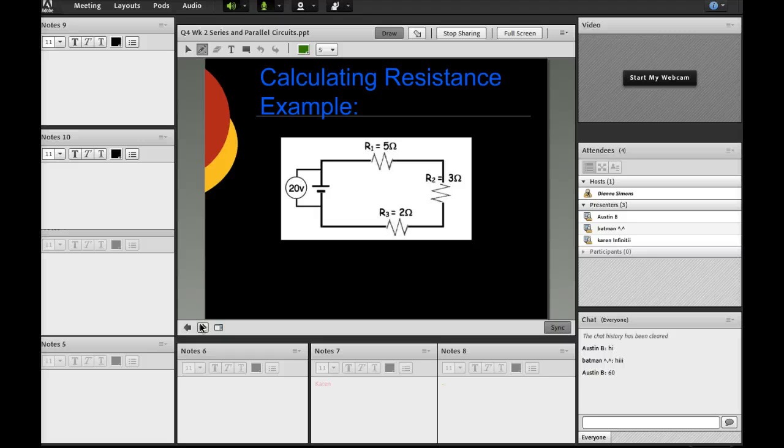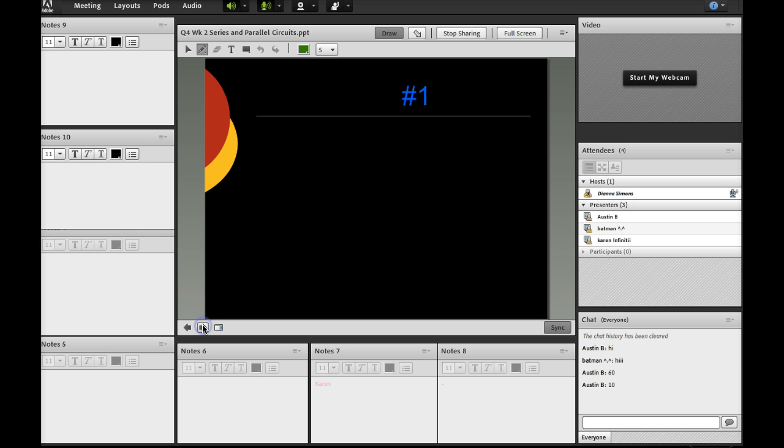In a series circuit, you just add up. Okay, that's right. So what is our total resistance, Austin? We're going to add up all the resistors. Yes, it's 10. 5 plus 3 plus 2, it's 10. In a series circuit, all you have to do is add up those resistors, okay? Series circuit is going to be easy.